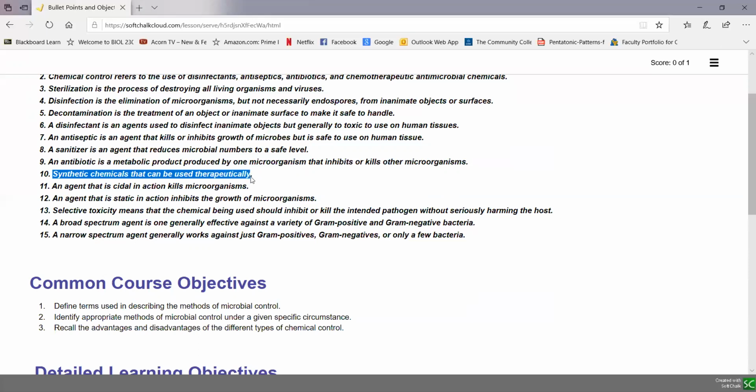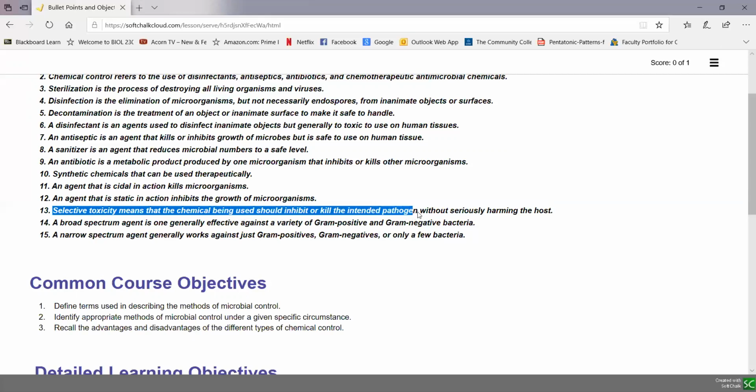They're called synthetic chemicals. An agent that is cidal in action kills microorganisms, whereas an agent which is static in action inhibits the growth of microorganisms, inhibits them from growing or slows them down. Selective toxicity means that the chemical being used should inhibit or kill the intended pathogen without seriously harming us, the host.